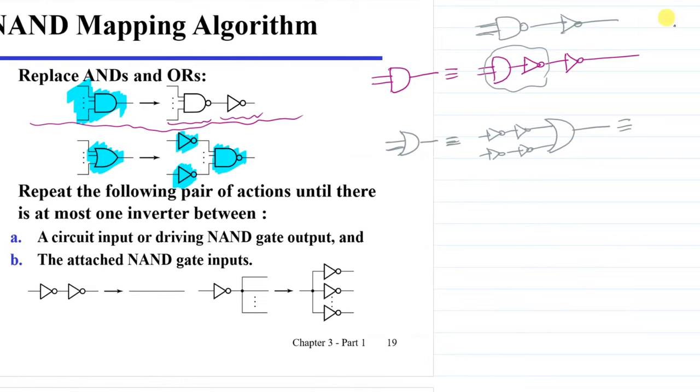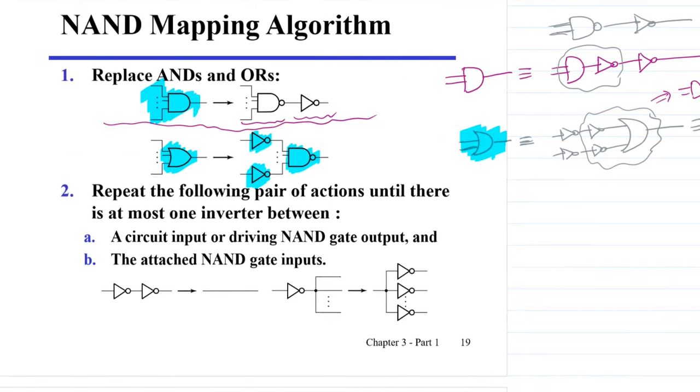Then we know that this invert and OR combination is indeed the NAND gate. So we will have inverters at the input side and then the NAND gate. In this way we can replace the OR gate with its equivalent NAND gate with inverters.